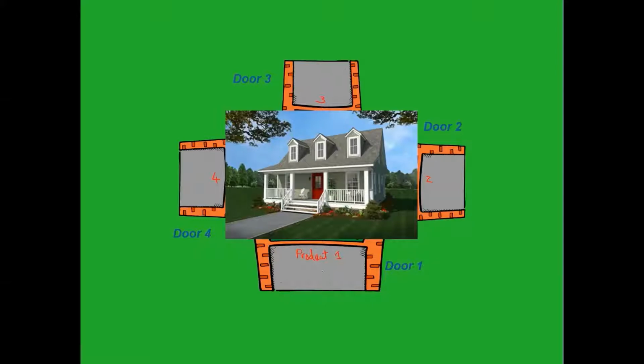For example, product 1 or door 1 is the biggest among the 4. So assume that the tolerance is plus minus 10, for the product with the biggest tolerance, followed by perhaps door 4 and 2, which is slightly bigger. Perhaps door 4 is bigger than 2, so its tolerance is plus minus 8.